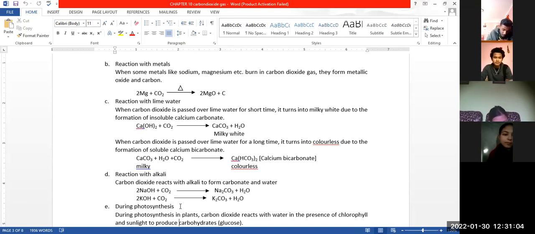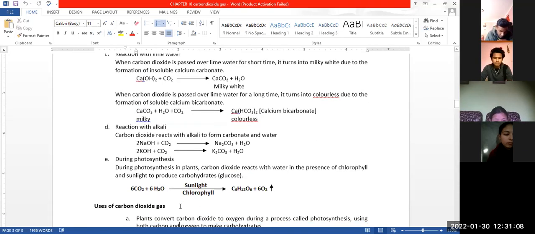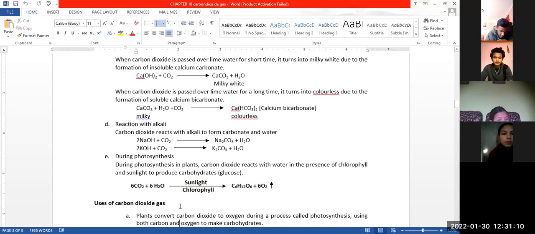Next is the natural process of making food by plants, that we call photosynthesis. In photosynthesis also, carbon dioxide is used. During photosynthesis in plants, carbon dioxide gas reacts with water in the presence of chlorophyll and sunlight.